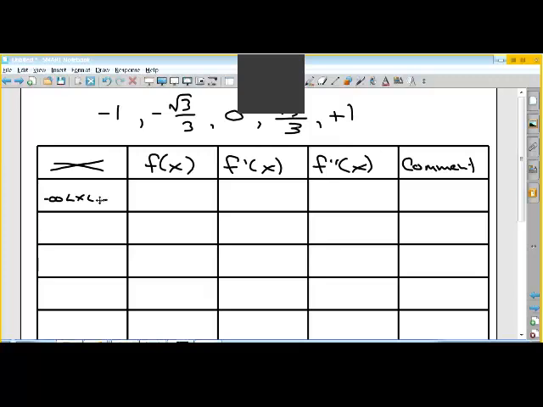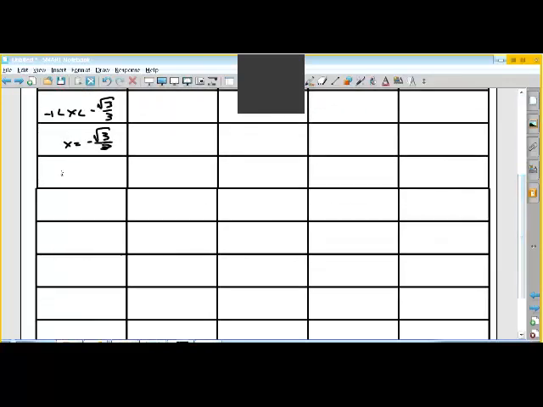So we do the whole domain in pieces. So we go from -infinity to -1, then we include -1, then we go from -1 to negative the square root of 3/3, then we go for x equals negative the square root of 3/3. Then we go from negative the square root of 3/3 to 0. Then we do x equals 0.